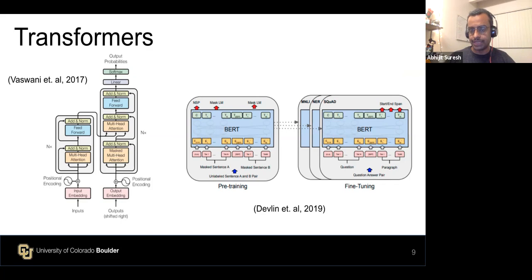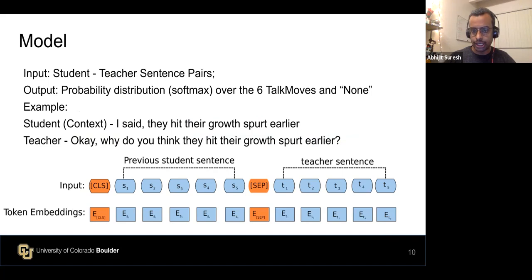Once the pre-training phase is complete, they use these contextual embedding vectors to fine-tune for multiple downstream tasks, such as named entity recognition and sequence classification. Results have shown that this transformer architecture has performed much better than previous architectures such as bidirectional long short-term memory networks. So for the TalkMoves application, we leverage this new architecture.